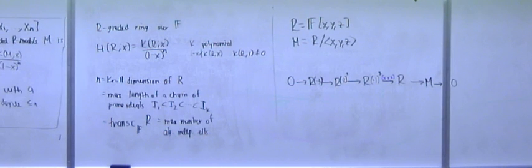Right? So that means that basically I'm taking the top component multiplying it by x, the middle component multiplying it by y, the bottom component multiplying it by z, and sending that to here. So for example, the element 1 here gets mapped to x here. Right? So here 1 has degree 0, 0, 0. Here x has degree 1, 0, 0. 1 for x, 0 for y, 0 for z. So that means that I have to fix that grading by shifting by 1, 0, 0.